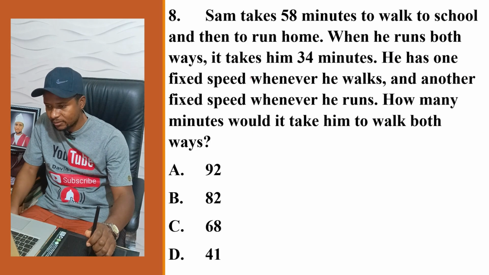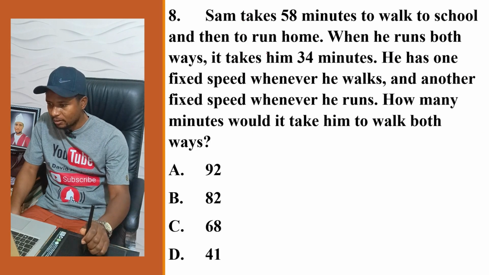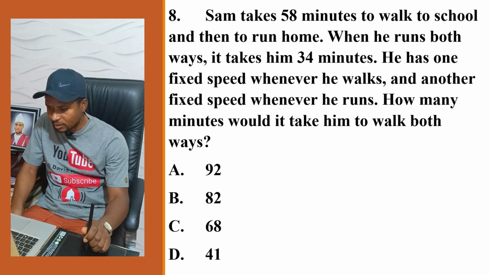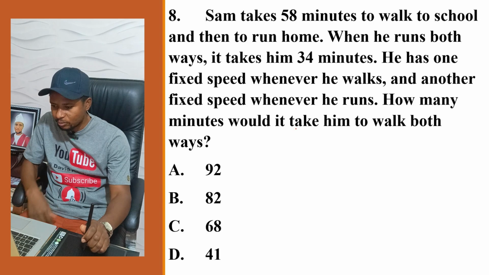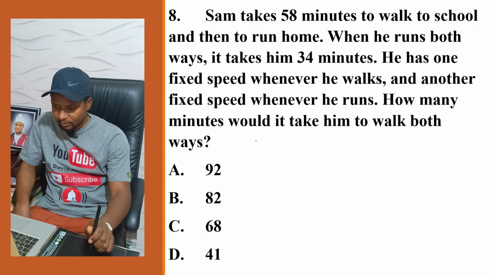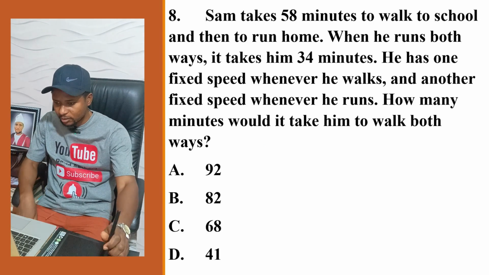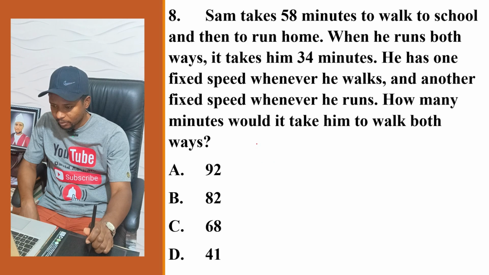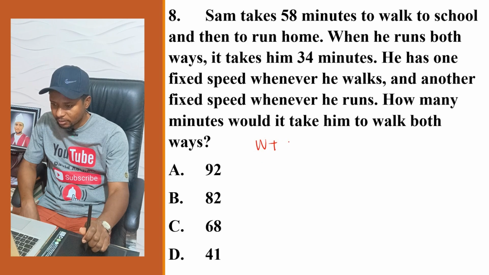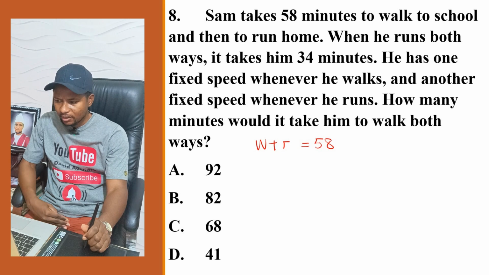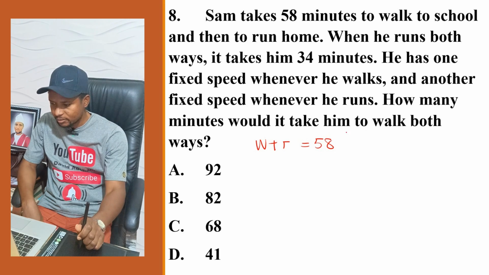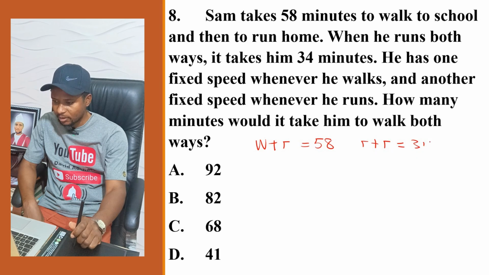Number 8. Sam takes 58 minutes to walk and then run home. So we have walk, that's W, plus R, run home, that's 58 minutes. And then they said when you run both ways, it takes 34 minutes.